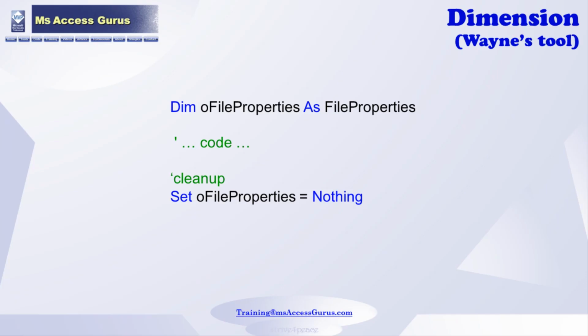If you do want to set up an object variable and reference it in your code, I just used With, so I didn't have to make one, then this is how you dimension it. Just dimension FileProperty or whatever you want to call it as FileProperties, and then at the end set it to Nothing, because that's how you would clean it up.